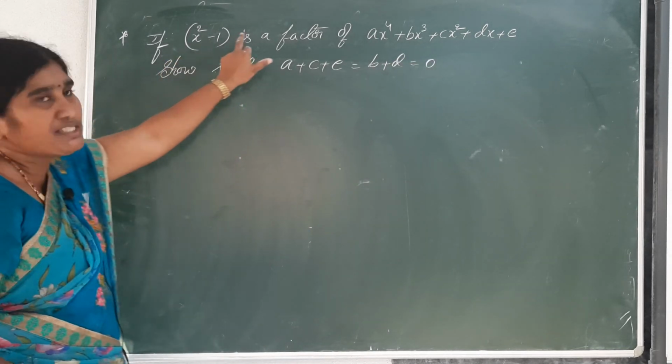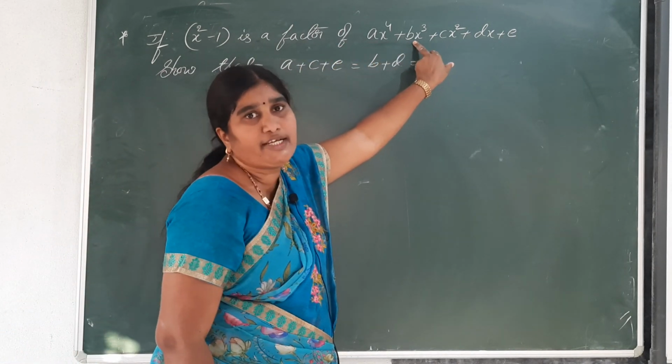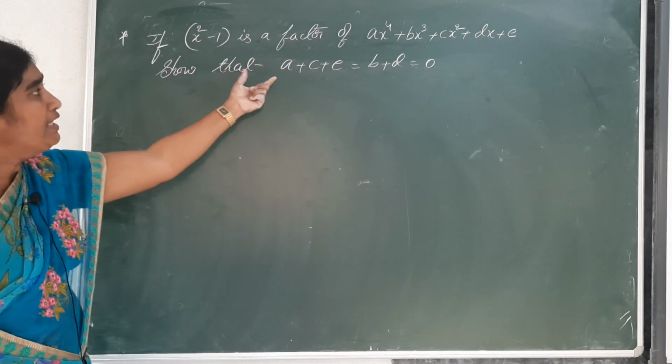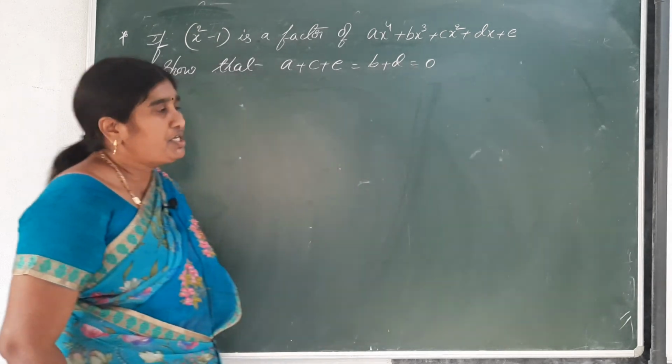If x square minus 1 is a factor of ax power 4 plus bx cube plus cx square plus dx plus e, then show that a plus c plus e equal to b plus d equal to 0.